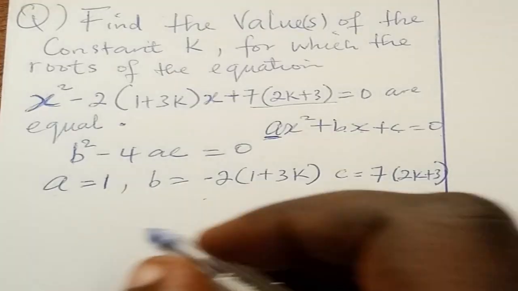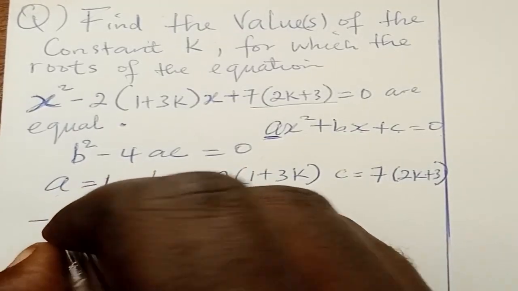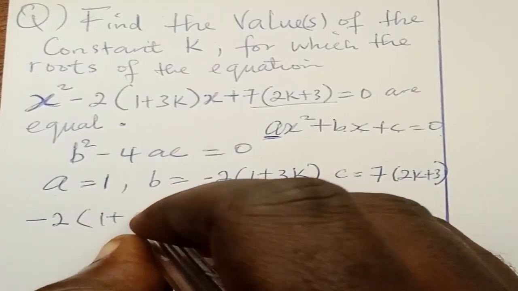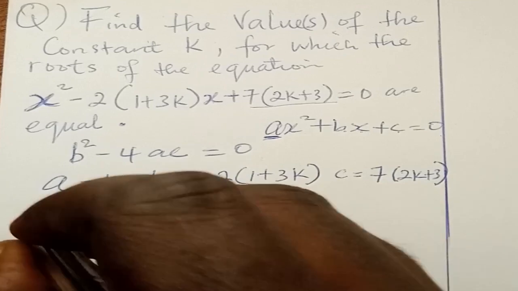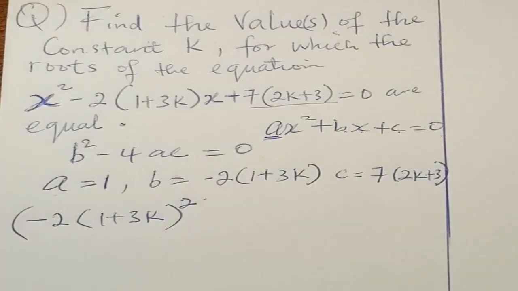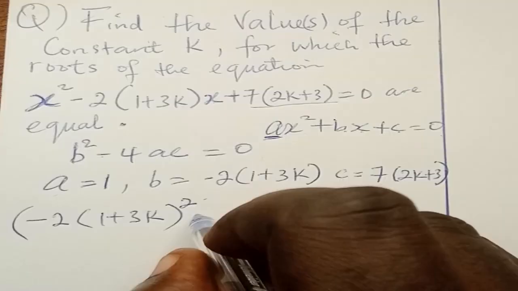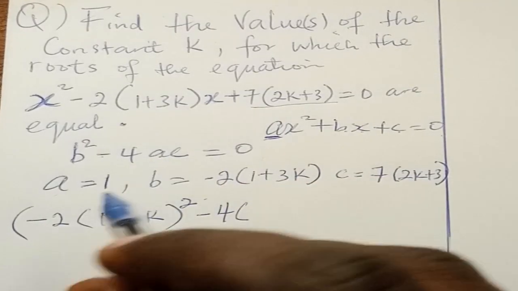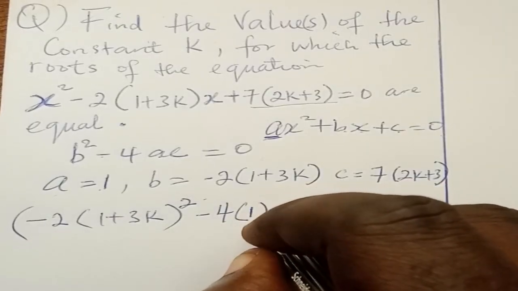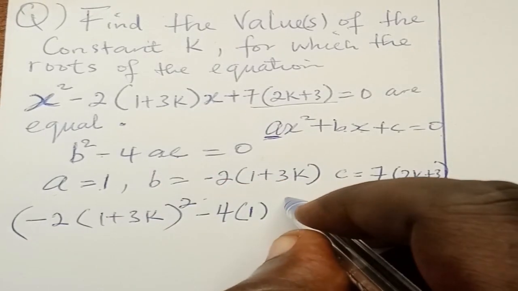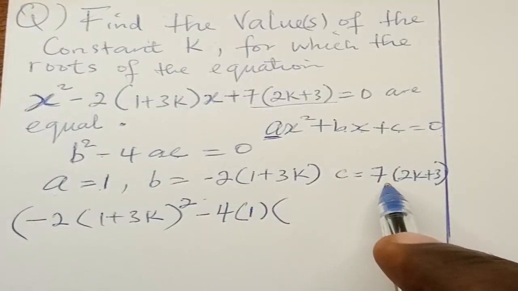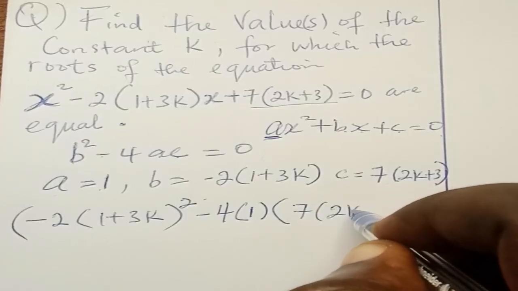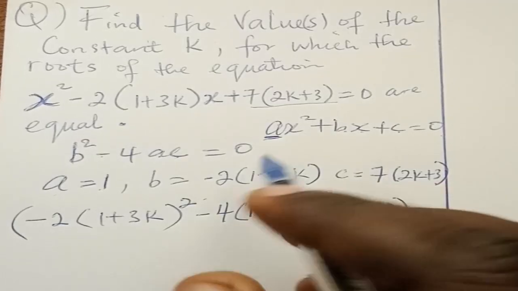So we are going to say minus 2 into (1 plus 3k), all squared, minus 4 into a, which is 1, into c, which is 7 into (2k plus 3), and equate it to 0.